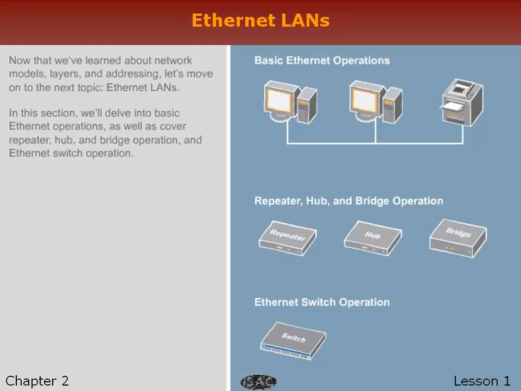The original 10BASE5 Ethernet used coaxial cable as a shared medium. Later, the coaxial cables were replaced by twisted pair and fiber optic links in conjunction with hubs or switches. Data rates were periodically increased from the original 10 megabits per second to 100 gigabits per second.